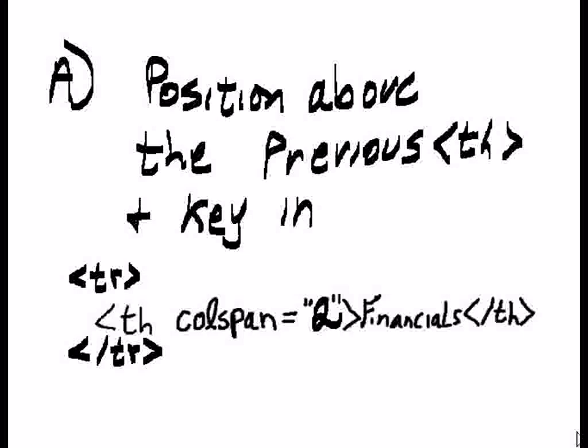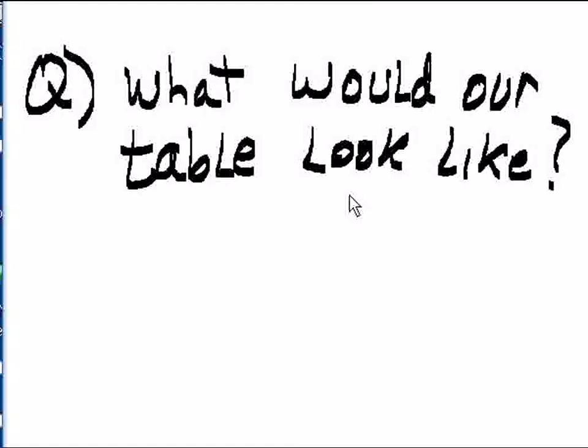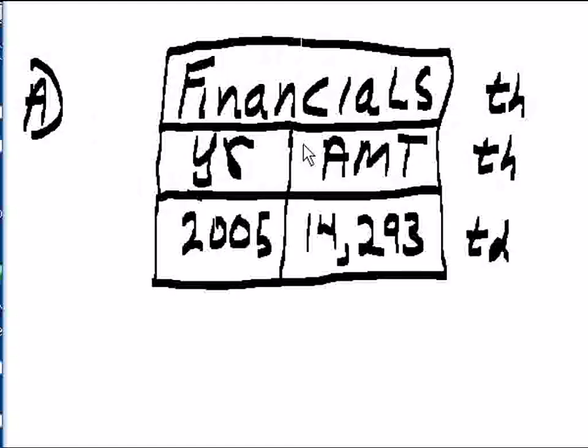I want you to span these many columns, 2. And I want you to write in that cell, financials, end of table header. What would our table look like? Financials, year, amount, 2005, 14293.